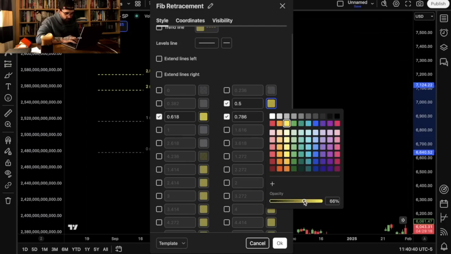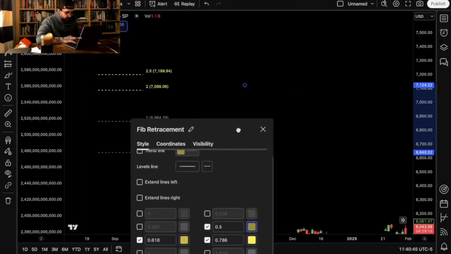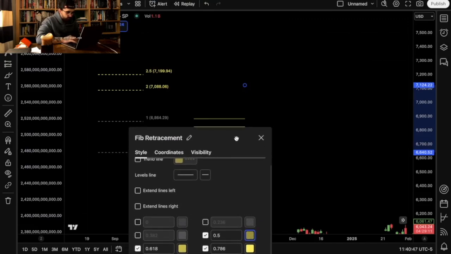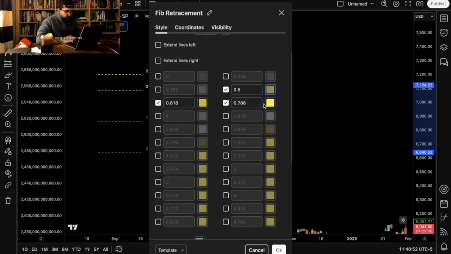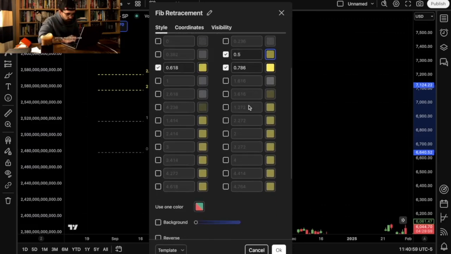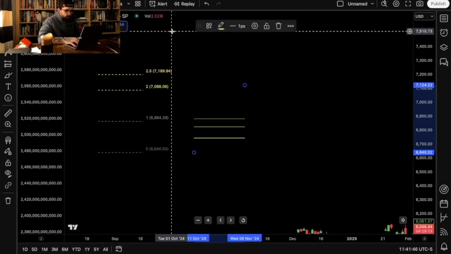And then in terms of the color scheme, it's the same. It's all yellow. We just filtered down, or I guess filtered up as the probability increases. 0.78 being the golden level. This is where institutions like to place orders when they're playing retracement games. This is just my setup. Very minimalistic.